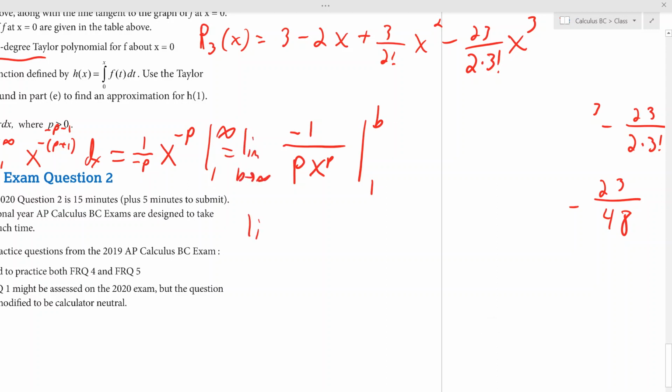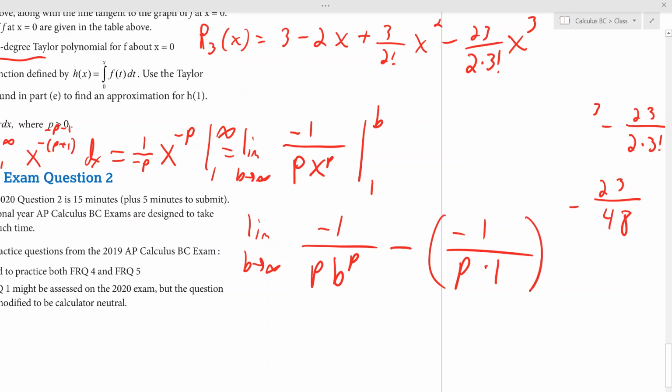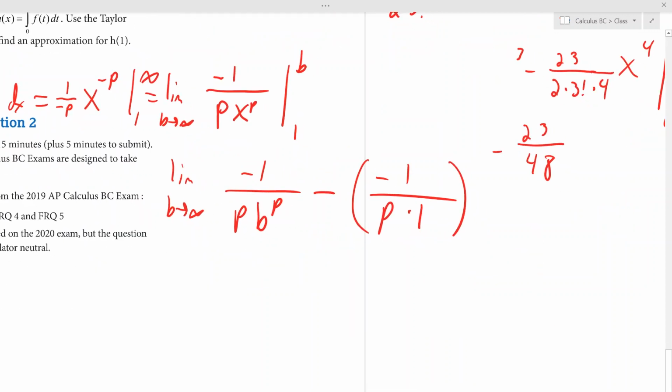So when you put that b in there, you get negative 1 over p b to the p minus negative 1 over p times 1. Well, if b is going to infinity, this whole thing here just goes to 0. And then you have minus negative 1, which is 1 over p.